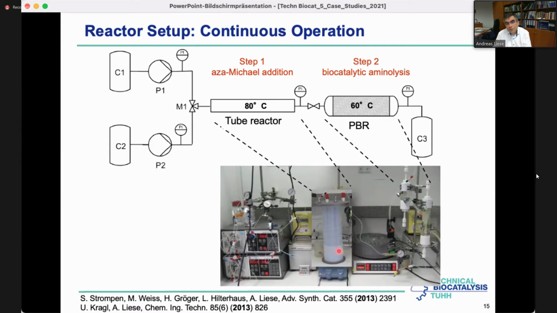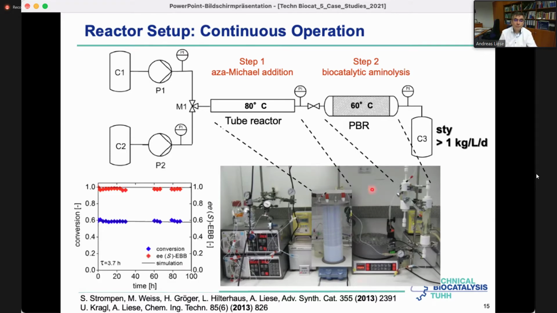And this is nothing more than a tube reactor where the chemical reaction is going on, a 30-meter tube, swirled up and heated. And the outlet here is then fed to a packed bed reactor, or you have two in sequence, but in principle one at a high temperature where the kinetic resolution is carried out, and the product is being collected here in the sample collector.